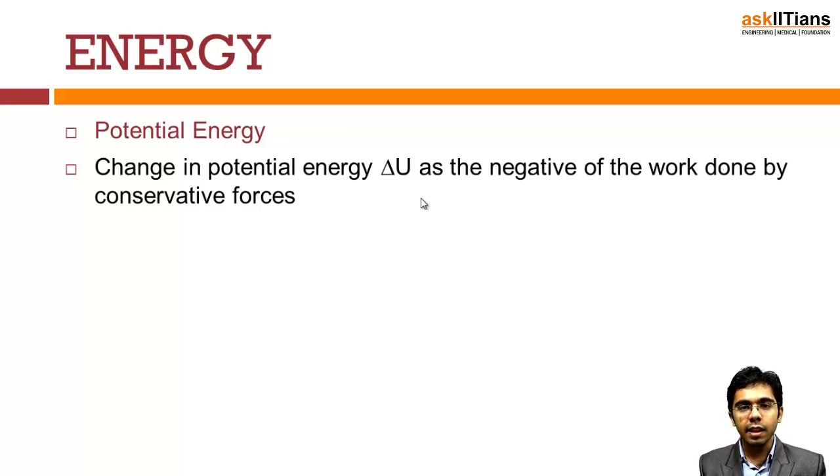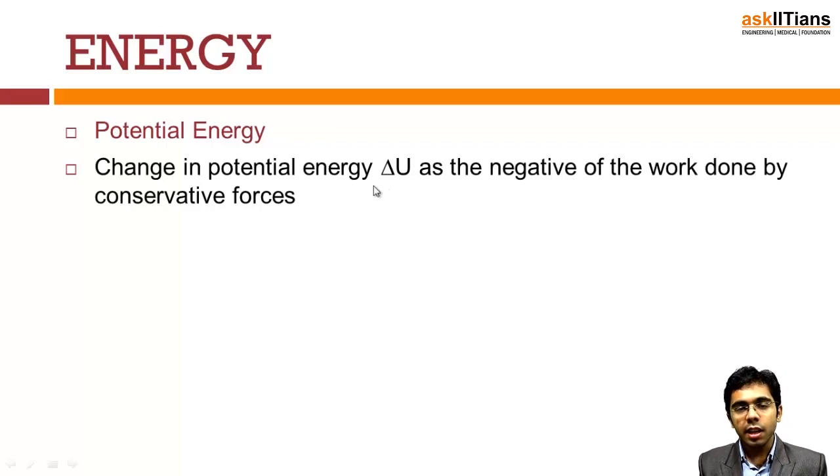In the example of the cyclist going up a hill, we already have seen that after reaching the maximum height and coming back, it automatically gains kinetic energy. That means there was some kind of energy at the highest point, that we call the potential energy, that gets converted into kinetic energy.